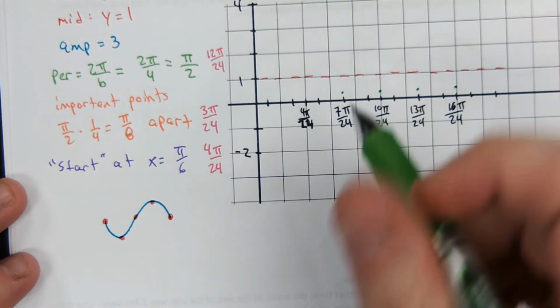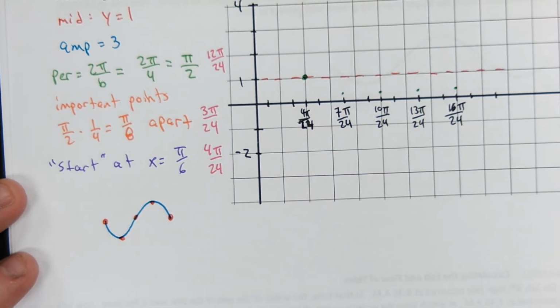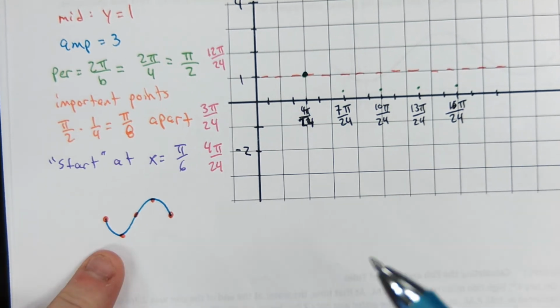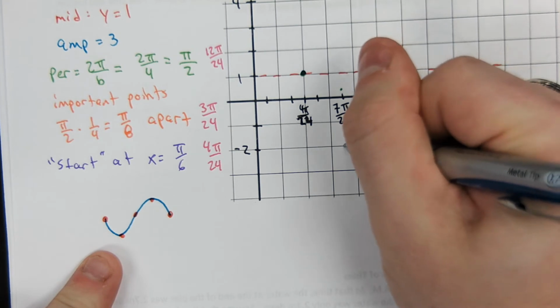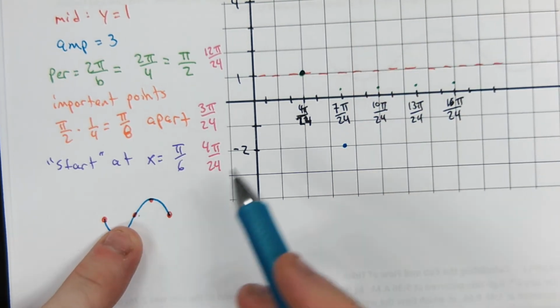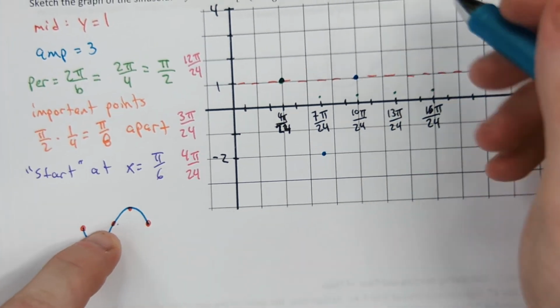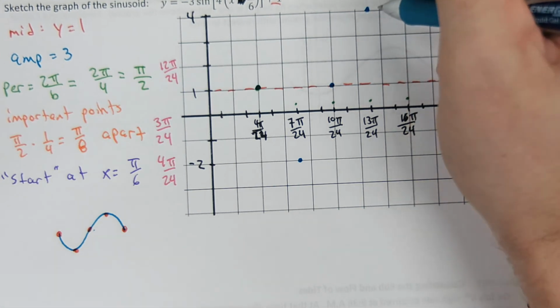Begin at our midline. We said we begin at 4 pi over 24. I didn't mean to grab green. That was supposed to be blue. Then we go down to our minimum, right there. Back up to our midline. Then up to our maximum. And back down to our midline.